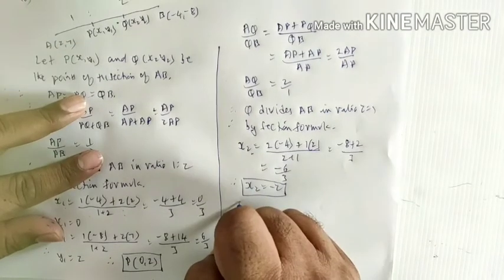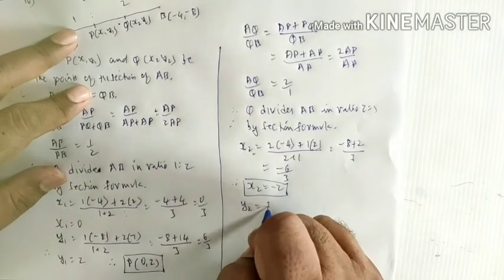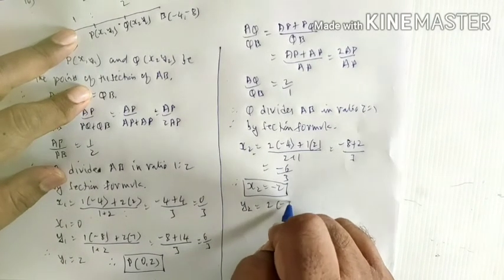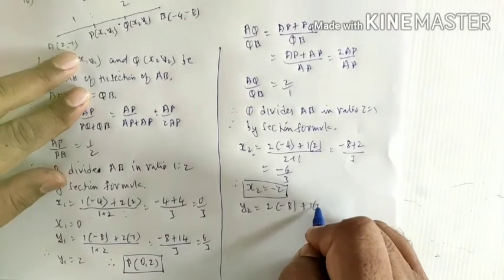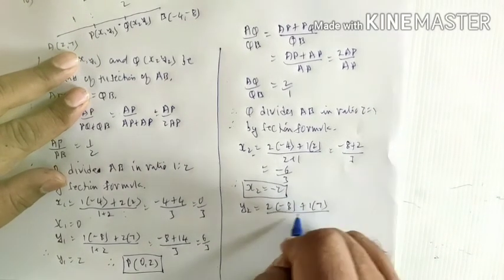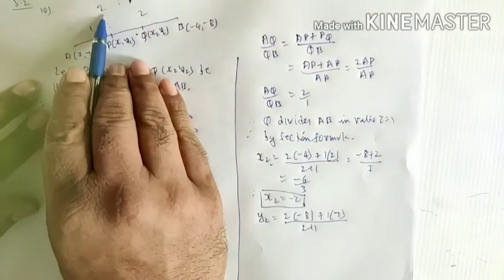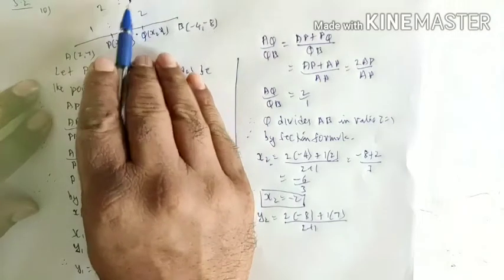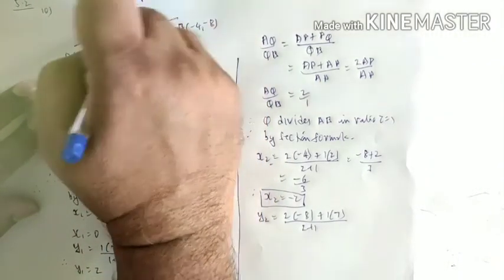How to find y2? y2 is equal to 2 into -8 plus 1 into 7 upon 2 plus 1. How we are getting it? See 2 into -8 plus 1 into 7 upon 2 plus 1. See I am writing the ratio here.